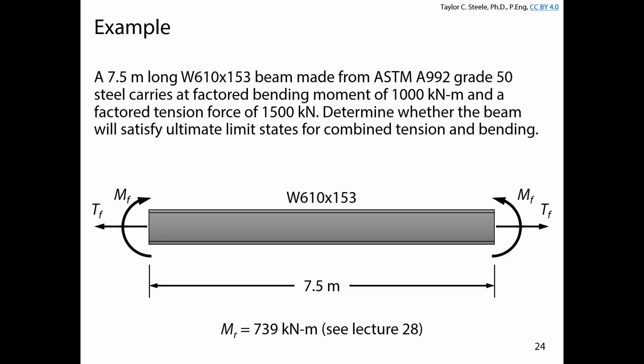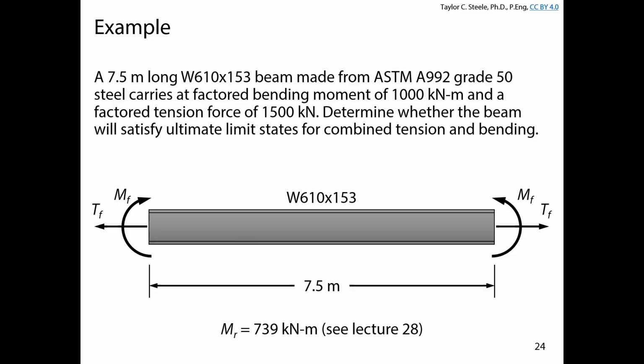So we get 4,600 times 10 to the 3 millimeters cubed divided by MRX, which is 739 times 10 to the 6 Newton millimeters, multiplied by A, which was 19,600 millimeters squared. That has to be less than or equal to 1.